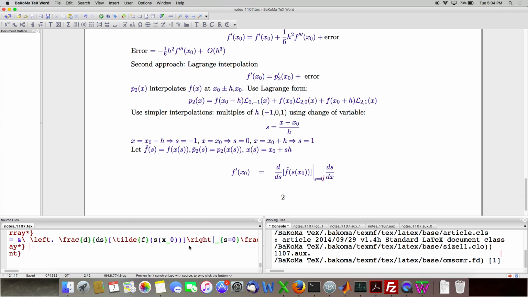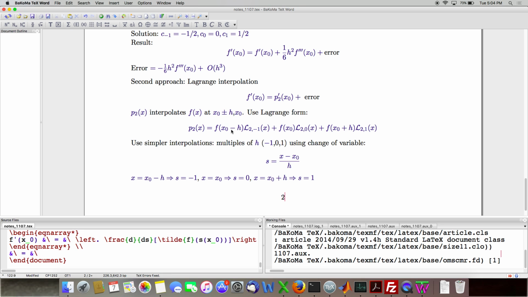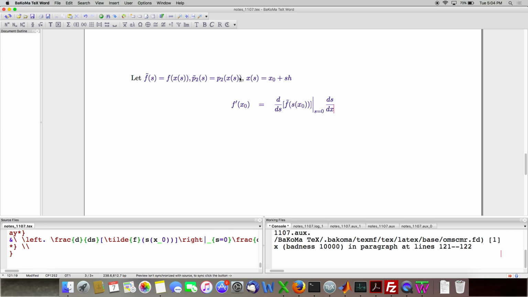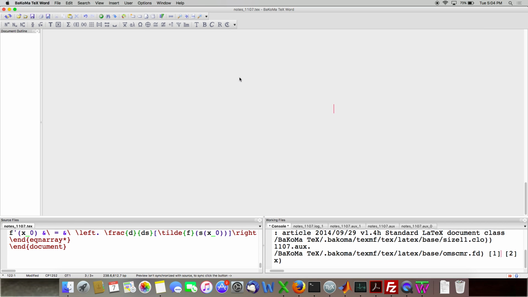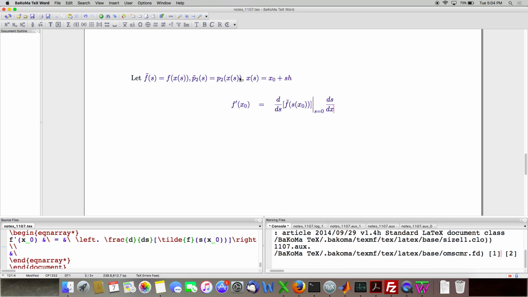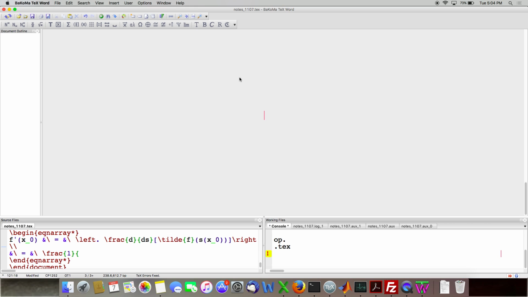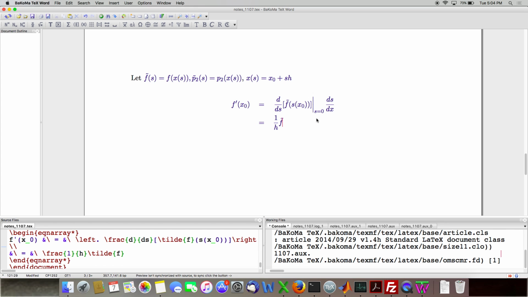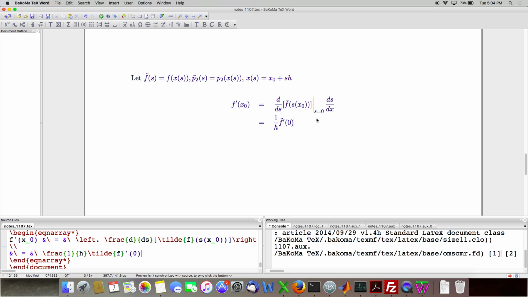So we get a 1 over h from this, and then we get f tilde prime at 0. So differentiating f tilde at 0 is the same as differentiating f at x naught, except for this factor of 1 over h that comes from the chain rule.